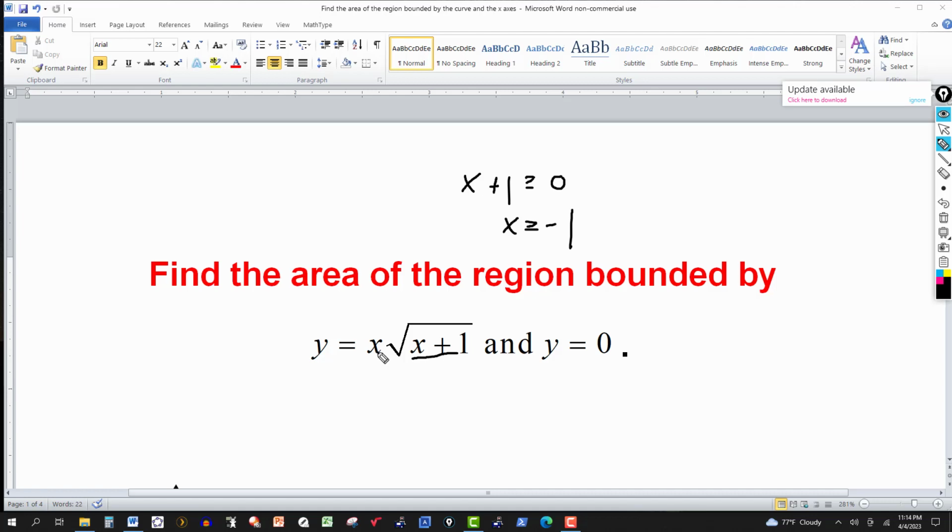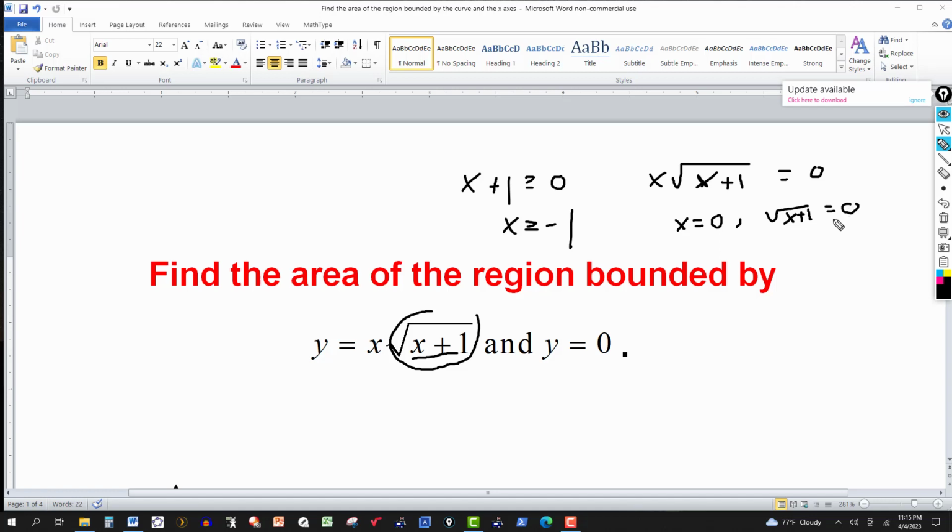So notice that if x is positive, this is obviously going to be positive. The graph is going to stay above the x-axis. Between negative 1 and 0, that's where the graph starts. Well, let's find the points of intersection of this function and the line. We simply set the function equal to 0. So we have the product equals 0, which means x can be 0, or the square root of x plus 1 has to be 0.